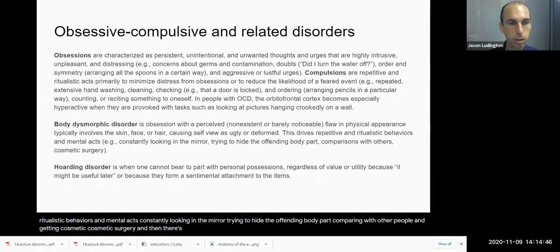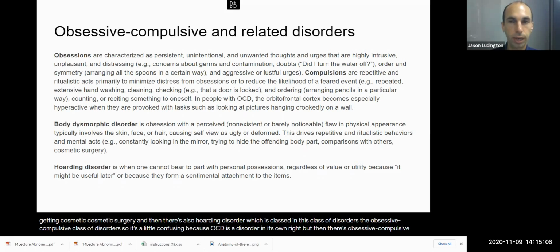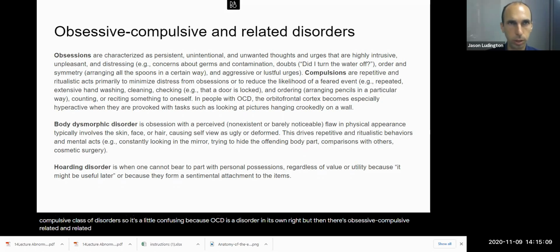And then there's also hoarding disorder, which is classed in the obsessive compulsive class of disorders. So it's a little confusing, because OCD is a disorder in its own right, but then there's obsessive compulsive related disorders, which is a whole class of disorders that includes OCD.